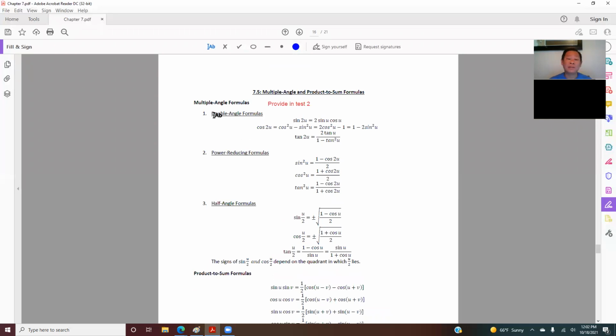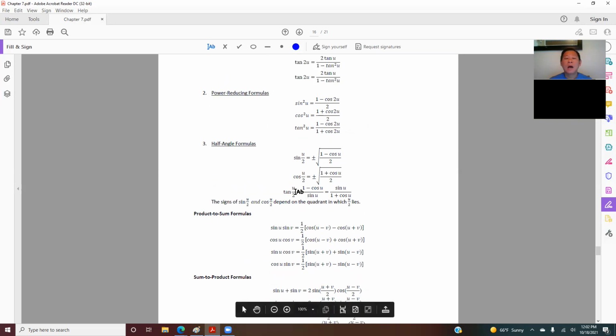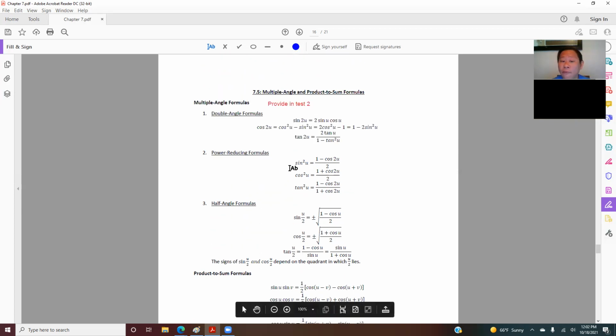That means I won't tell you this is a double angle, this is power reducing, this is half angle, this is sum to product, product to sum. But your formulas in test 2 will look exactly the same as this. I don't jumble up the formulas; I just delete the formula names.